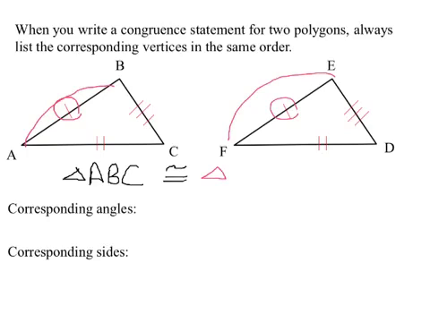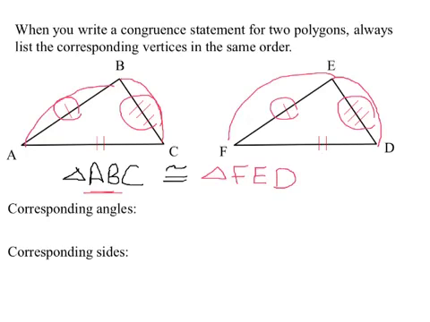So that's congruent to triangle FE, and then I went from B to C, which has 3 tick marks. I can go from E to D, which also has 3 tick marks. So you know that triangle ABC is congruent to FED. You cannot say it in any reverse order. I could not say ABC was congruent to FDE, because they have to be in the right order.